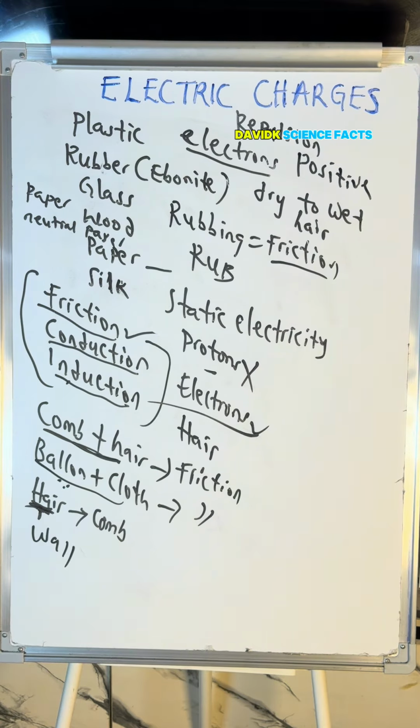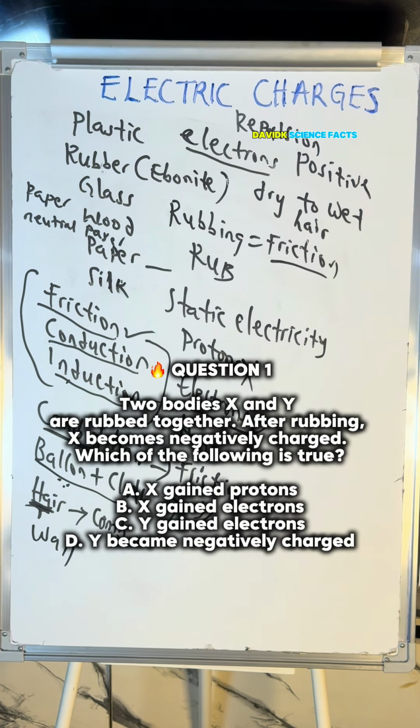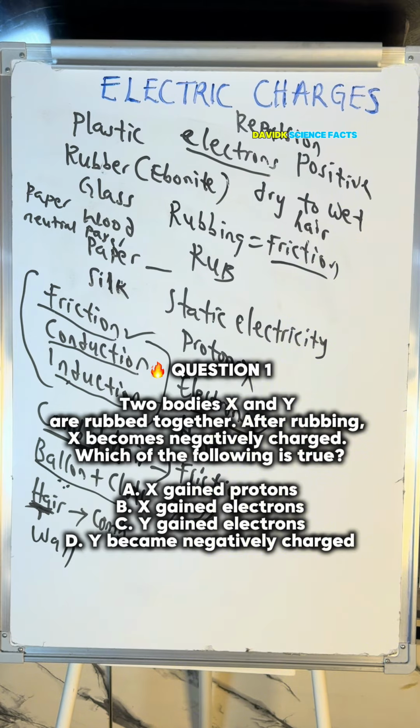So right now, I'd like to test your understanding so far. I'm going to give some questions. Quick one. If two bodies are rubbed together and one becomes negatively charged, what actually happens?